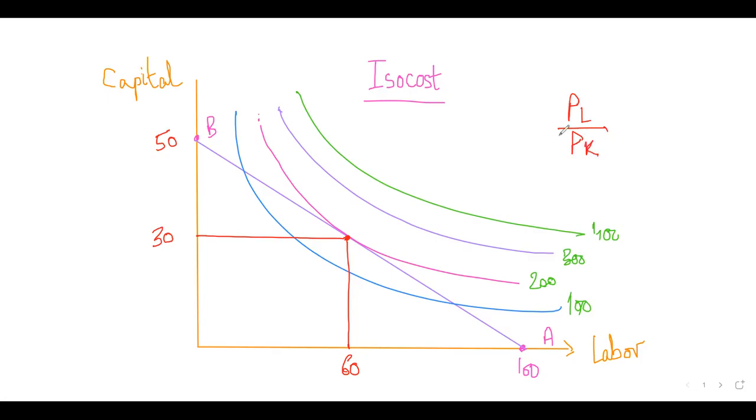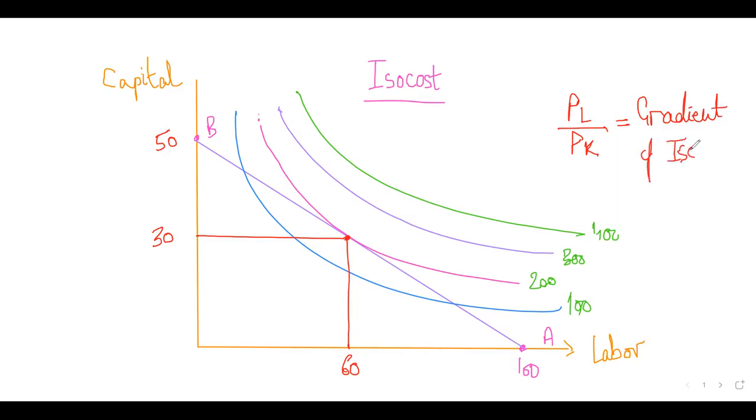Did you guys get this? So price of labor divided by price of capital will be the gradient of isocost. Any confusion so far?